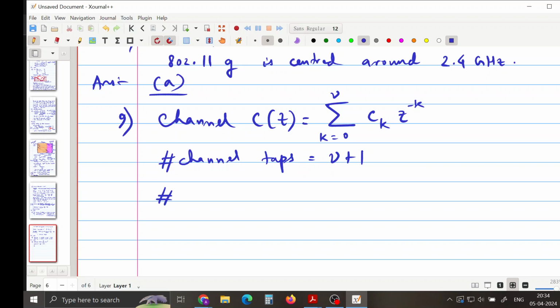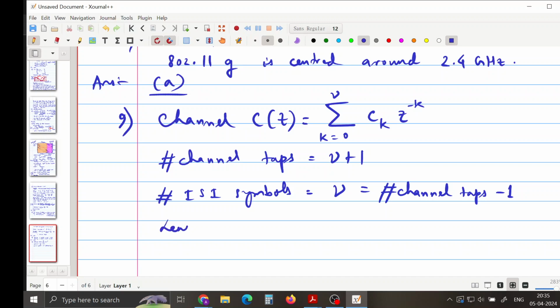So out of mu plus 1 channel taps, you have mu symbols of ISI, and one is the desired one. So the number of ISI symbols is mu, which is the number of channel taps minus 1. This is known to us.